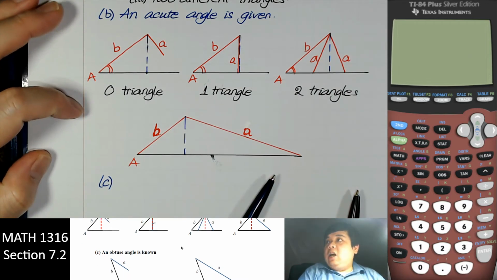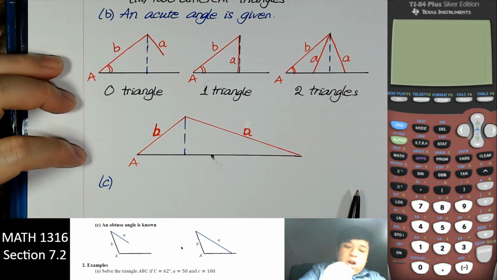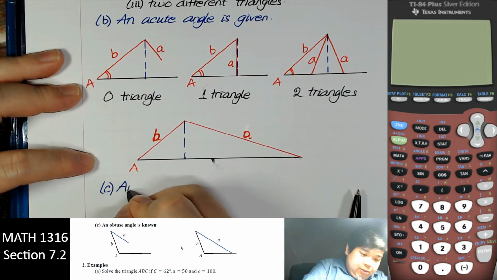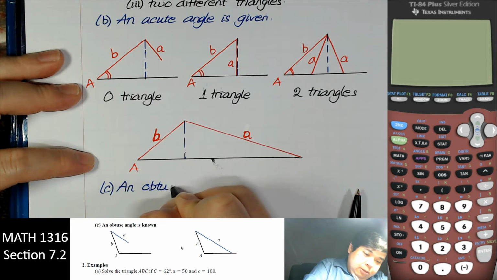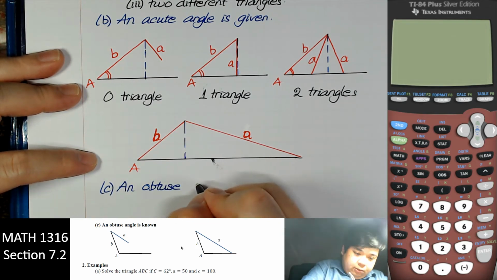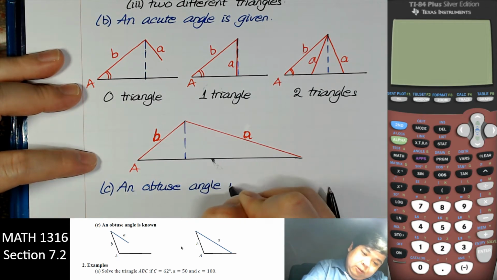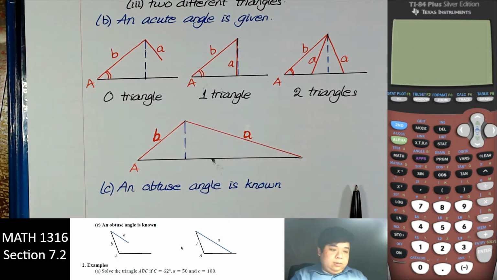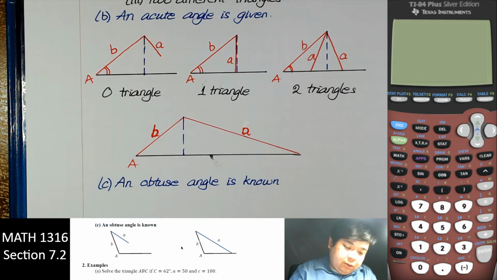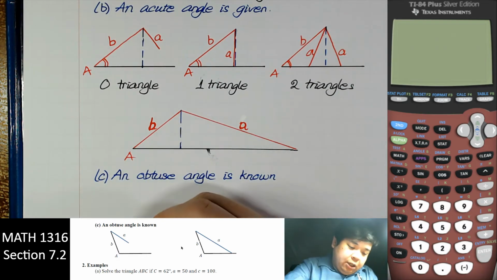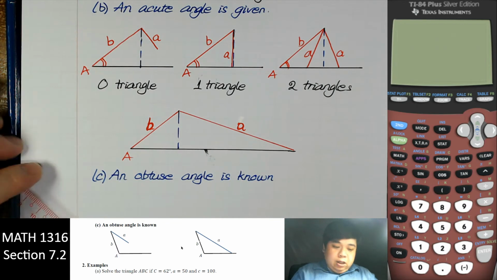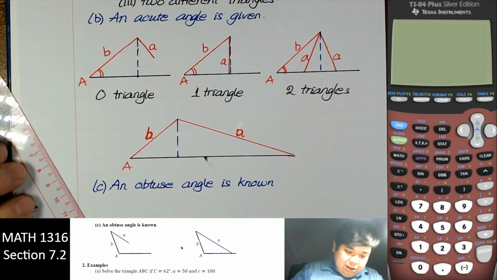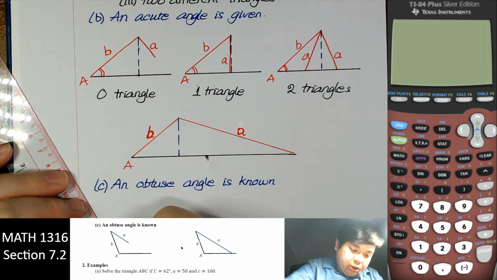The case where an obtuse angle is known. So we know angle A, and it is obtuse.